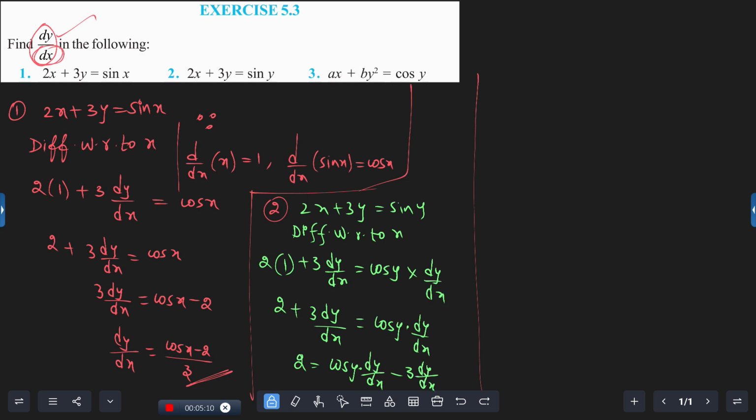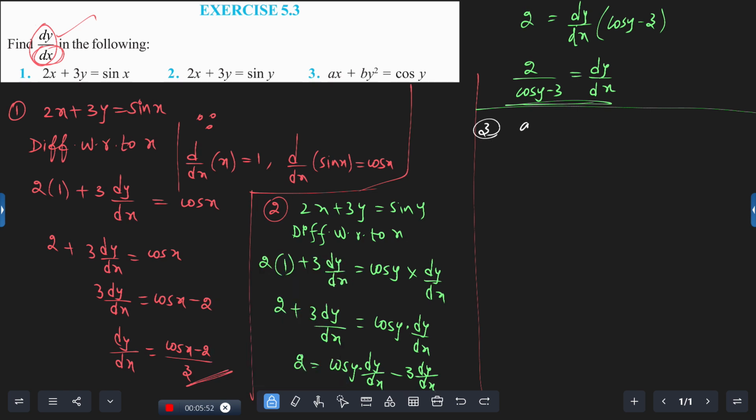We have a 2 here, which is equal to dy by dx times, taking the common factor outside, cos y minus 3. So cos y minus 3 multiplying, when you send it opposite, will be a divide. So 2 divided by cos y minus 3 is equal to dy divided by dx. That's it. This is our required answer for the second one. Is it okay? Right. Next, I'm moving to the third one.